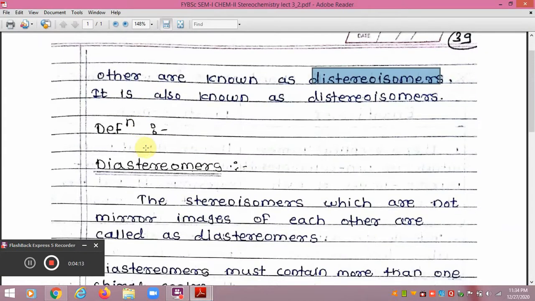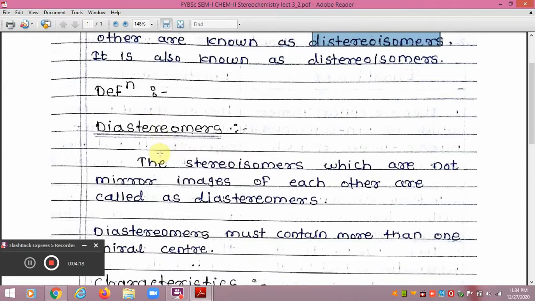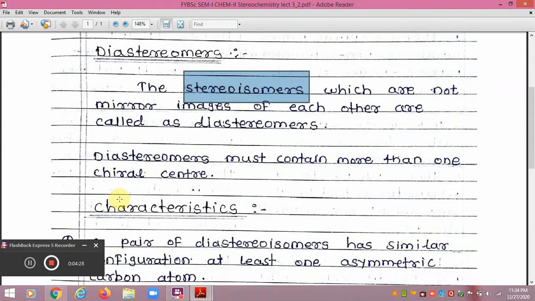It is also known as diastereoisomers. The diastereoisomers can be defined as the stereoisomers which are not mirror images of each other, and diastereomers must contain more than one asymmetric or chiral center.